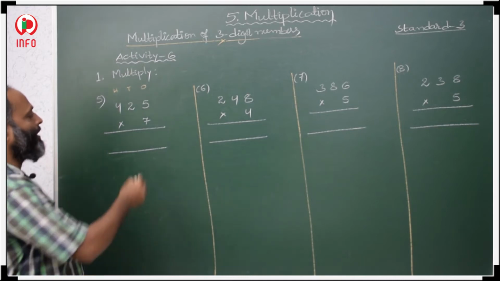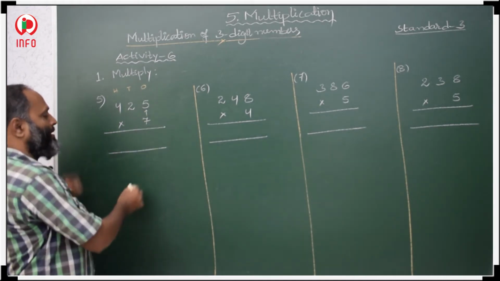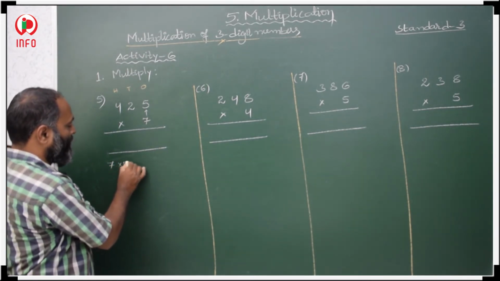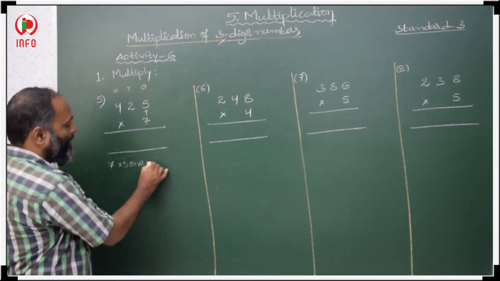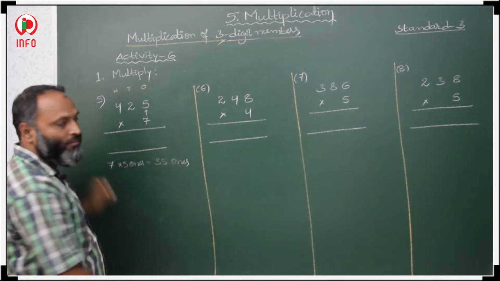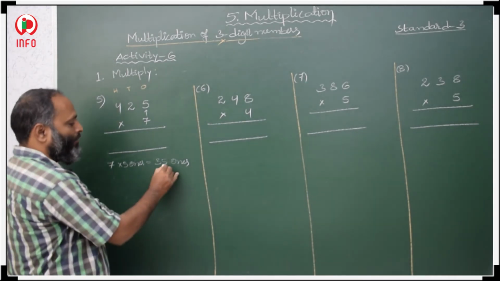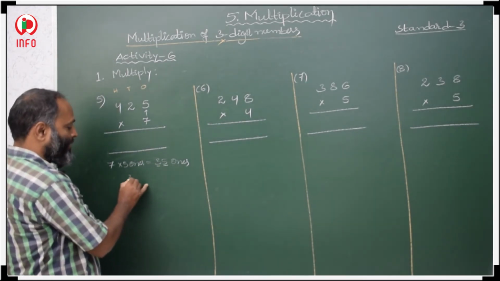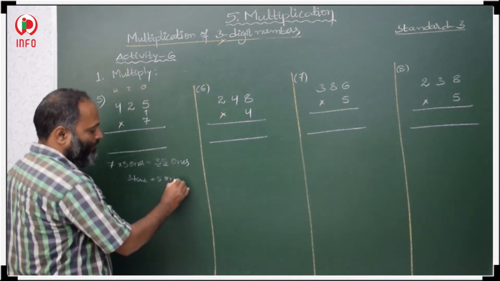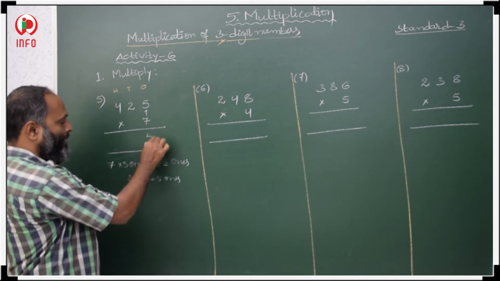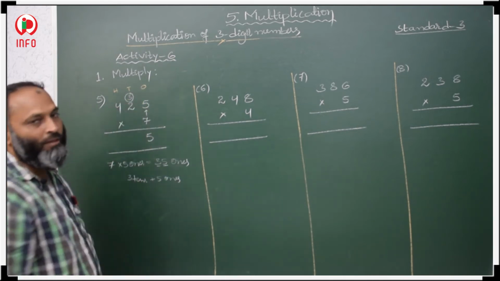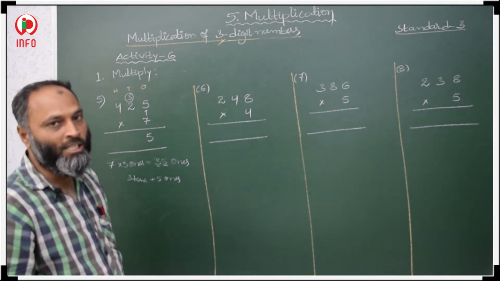First we have to multiply 7 with ones place. 7 into 5 ones, 7 5s are 35 ones. 35 ones means 5 ones and 3 tens. 5 ones and 3 tens, and the 3 tens we take carry over on tens place.